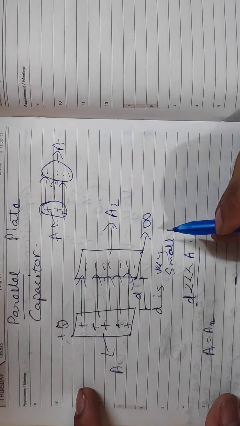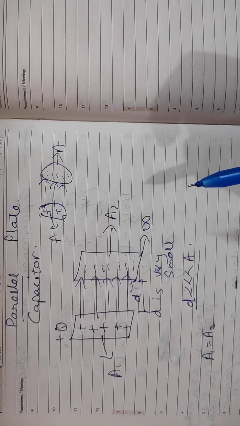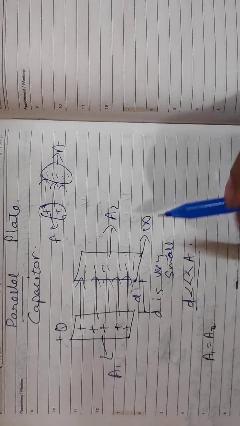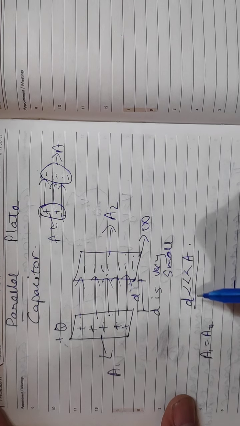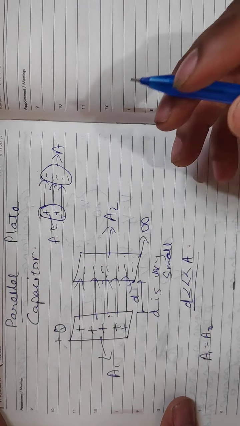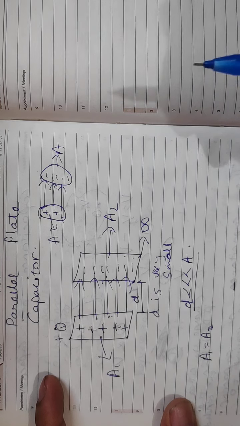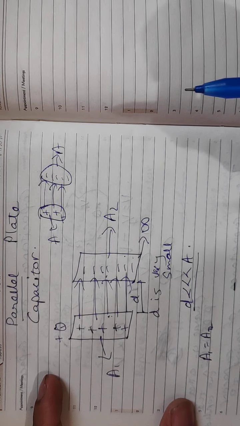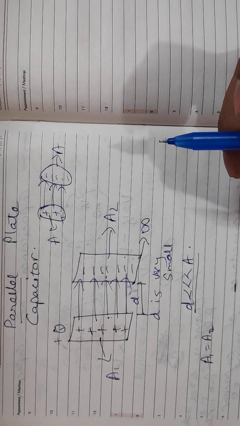And the second thing is the plate should be infinitely long. Infinitely long compared to what? Compared to the distance between the two. To understand this, we'll take one example. Suppose there is a wall, and on the wall there is an ant. For the ant, the wall will be like an infinite plate.